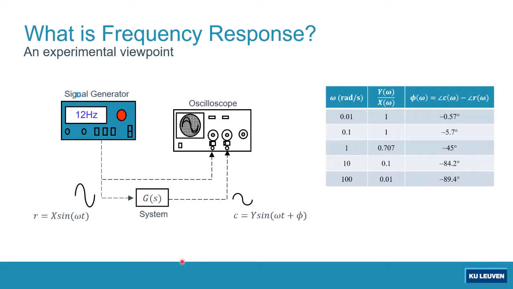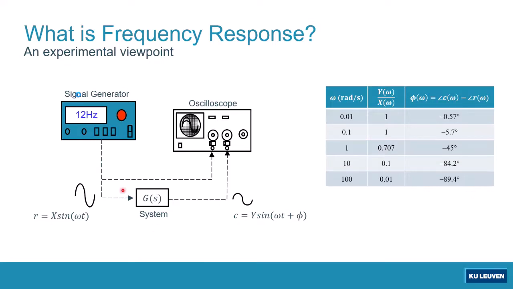In the previous slide, I mentioned that the frequency response function can be obtained experimentally in a pretty straightforward manner. How to find the frequency response function from an experimental setup is very easy.